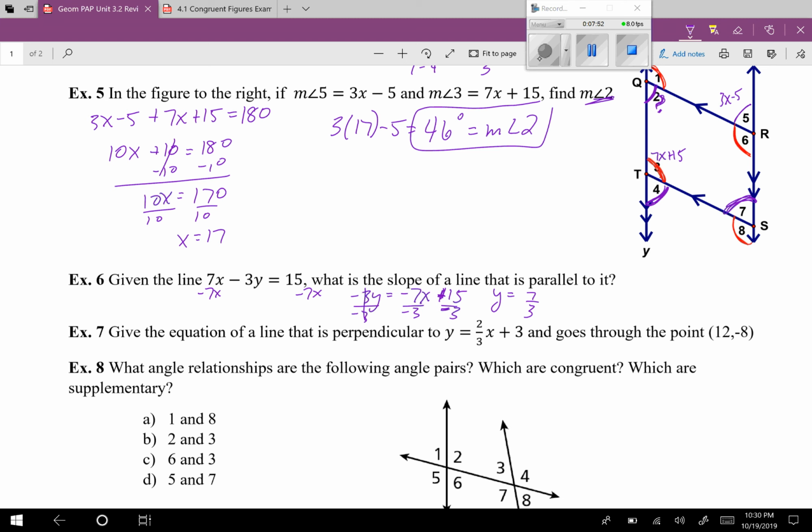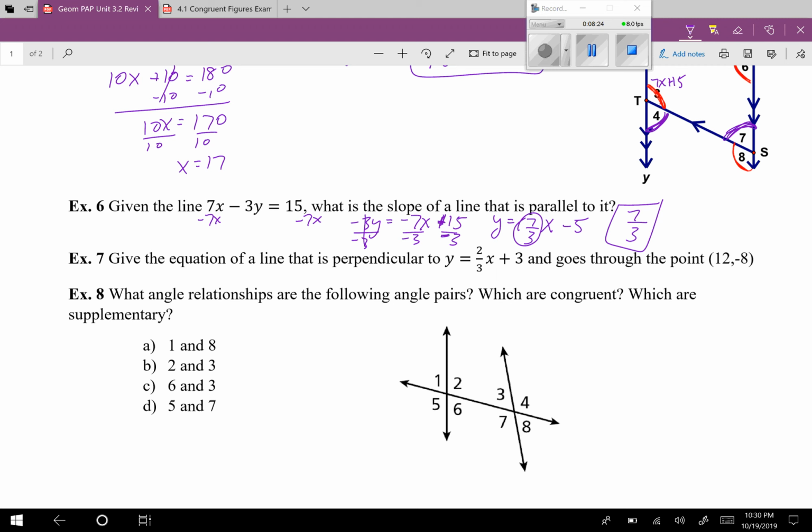Okay, so we have 7/3 x, and then we have this positive 15 being divided by this negative 3, so it's going to become minus 5. And so there we go. Well, what's the slope of the line parallel to it? Well, if our original line is 7/3, the new line is going to also have a slope of 7/3. So there we go.